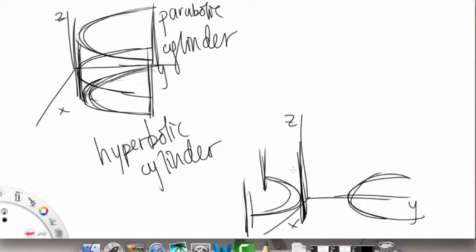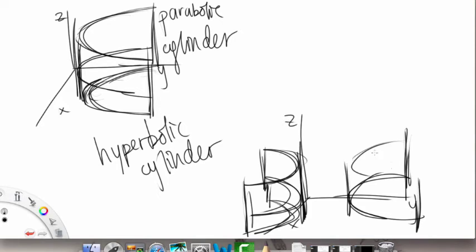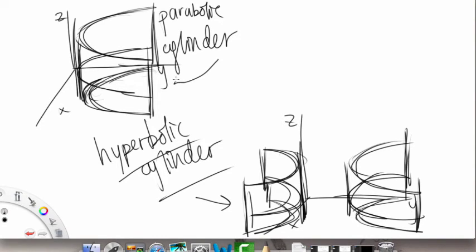So something over here looking like that. If we extend it downward, we get another one there. And again, we'll extend these up and down a little bit, so we get a surface that looks like this. Okay, so this is our hyperbolic cylinder right here, and this is our parabolic one.